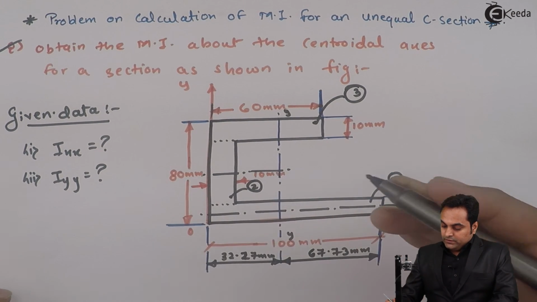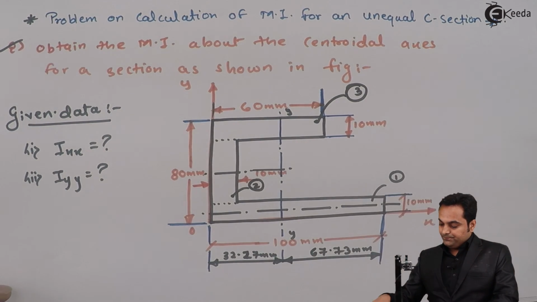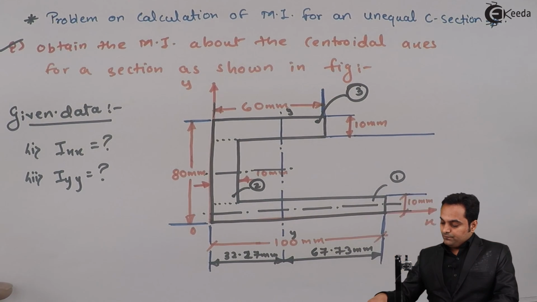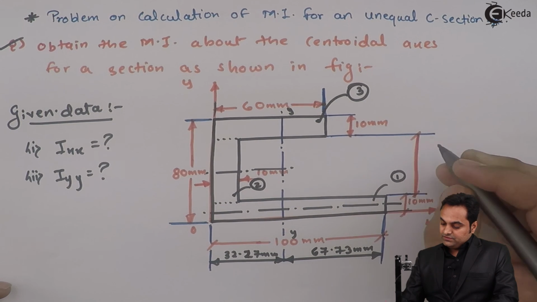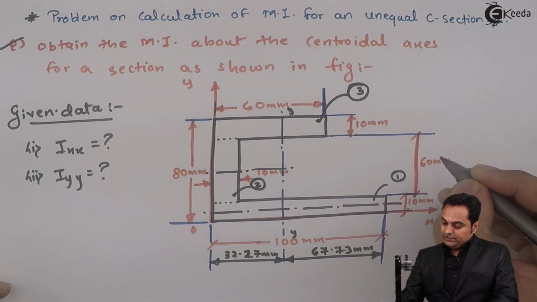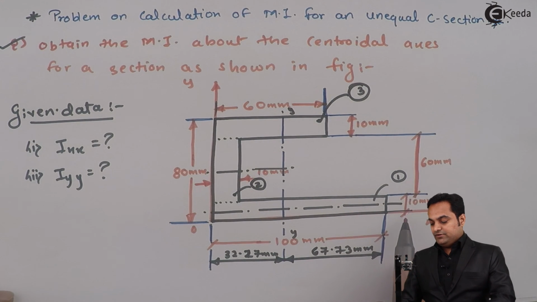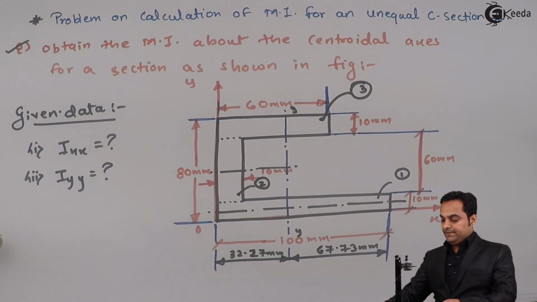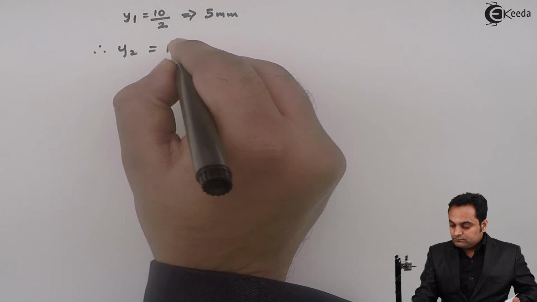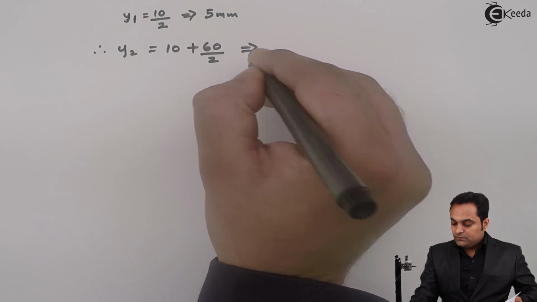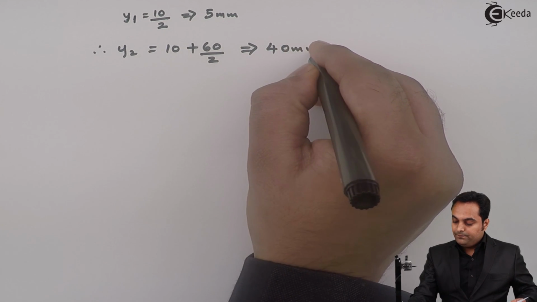Since the total distance from here is 60 mm, at half of 60 there will be the x-axis, and it is starting after 10, so it is 10 plus half of 60. y2 is 10 plus 60 by 2, and that gives me the answer as 40 mm.